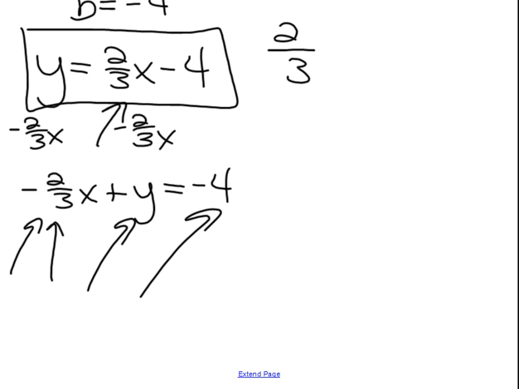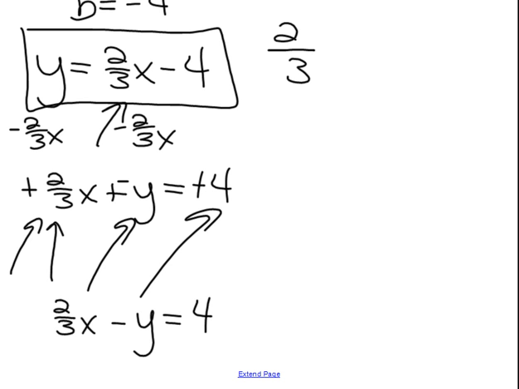So if I multiply negative times negative 2/3 x, it becomes a positive 2/3 x. If I multiply a positive y by a negative, I get negative y. And if I multiply a negative 4 by negative 1, it gives me a positive 4. In other words, you have to go through and change each of the signs.